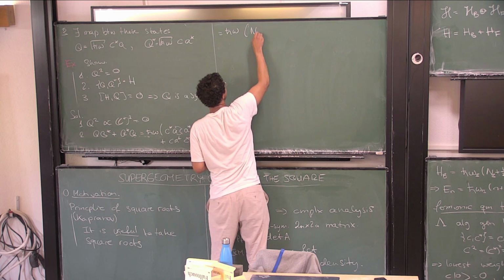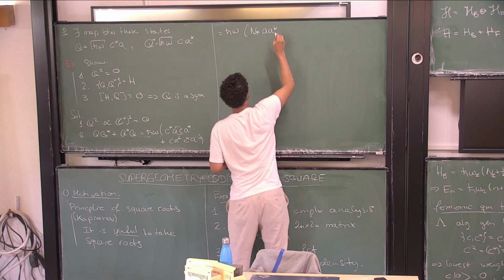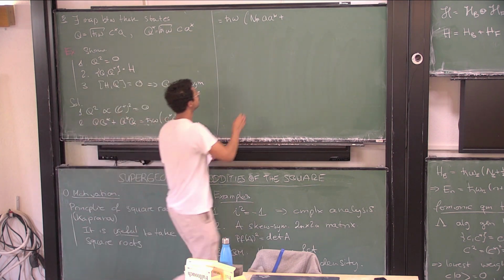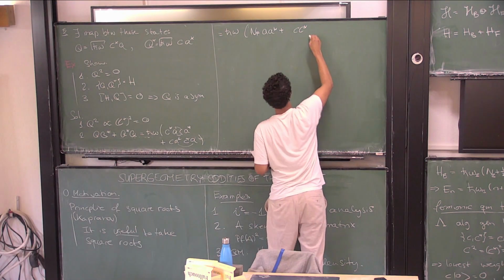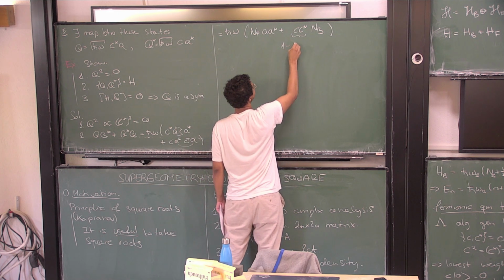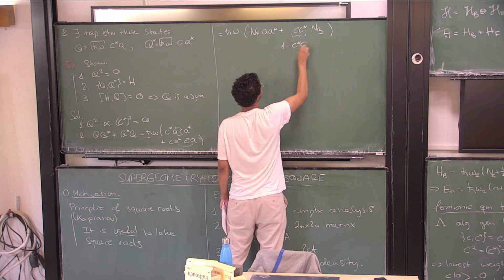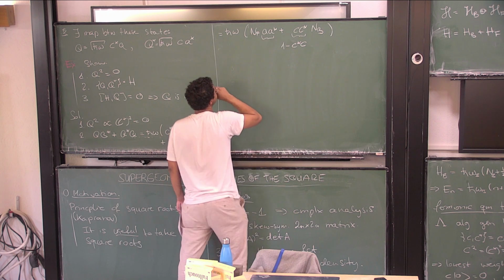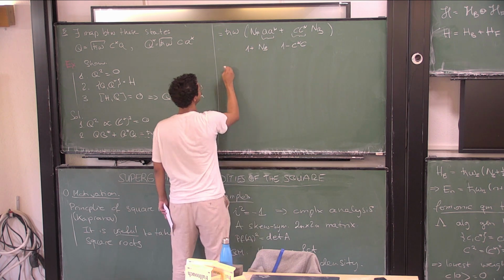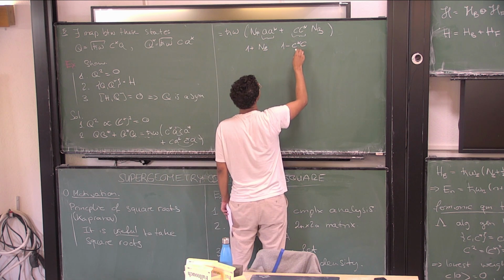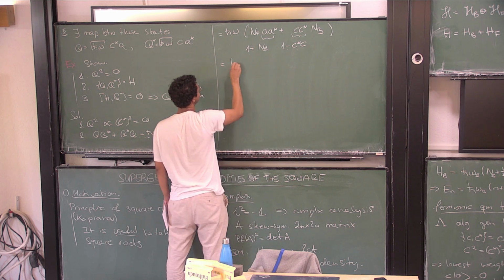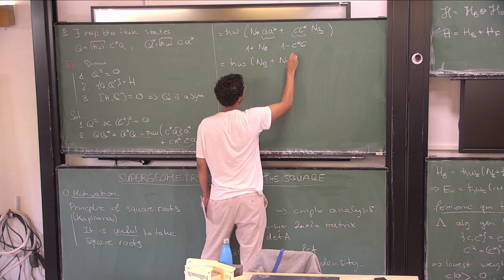So we can write this as N_F A A star, plus N_B C C star. But C C star, by the commutation relations of C and C star, is 1 minus N_F, and A A star is 1 plus N_B. So we have N_F N_B and N_F N_B, which cancel because they come with a sign, and we are left with the 1, so this is N_B plus N_F, which is H.